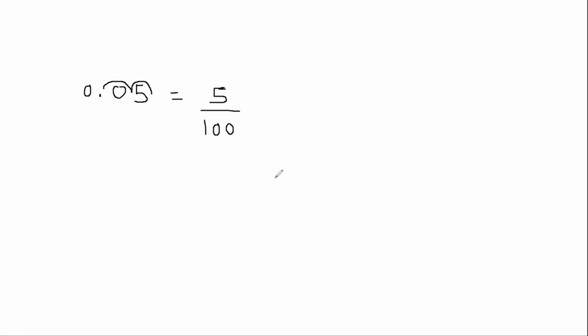We are writing 100 because of the 2 decimal points. So 2 decimal points represent 100, 3 decimal points represent 1,000, 1 decimal point represents 10. That's how it is. You were taught that in class 5, so I don't think that can be a problem to you.